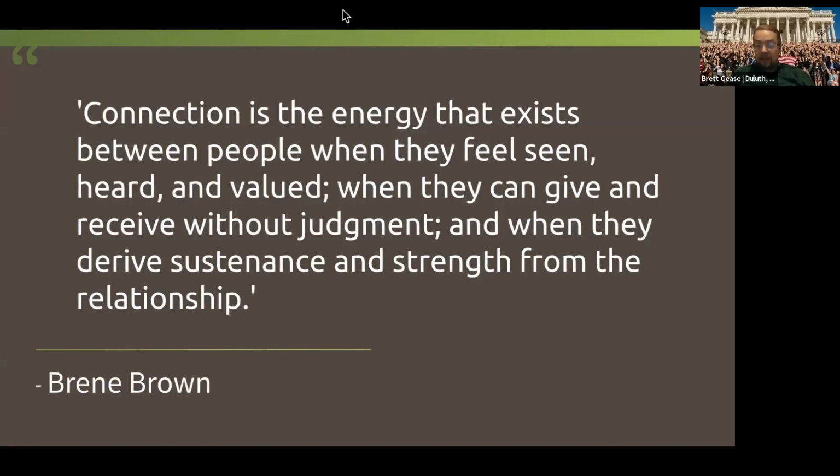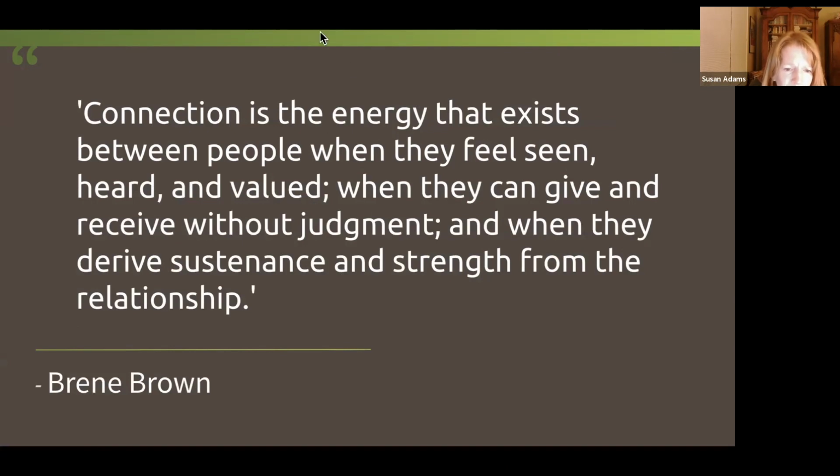And obviously, to inspire us to end tonight, I'll pass it to you, Susan, to close us with the Brene Brown quote. Lovely. So yeah, above all, the work that you're doing as a meeting lead is to create a sense of connection among the members of your team and between your team and your member of Congress and their staff. So Brene Brown defines connection this way, and I think it's really great.